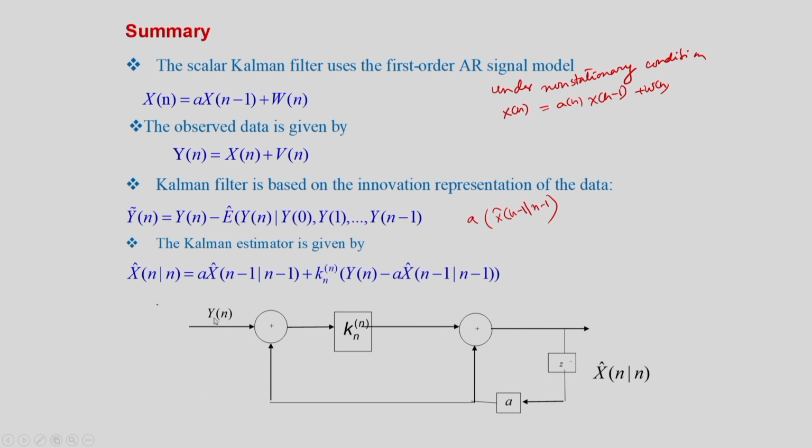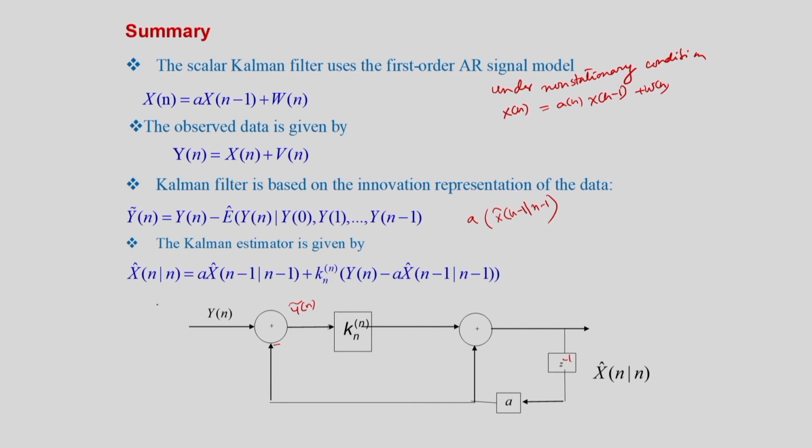This is the y n data, and this is the output x hat at n given n minus 1, that will be delayed by 1 unit, z to the power minus 1, and then multiplied by A. So, that way we will get the prediction A times x hat at n minus 1 given n minus 1, that will be subtracted from y n and we will get the innovation, y tilde n.